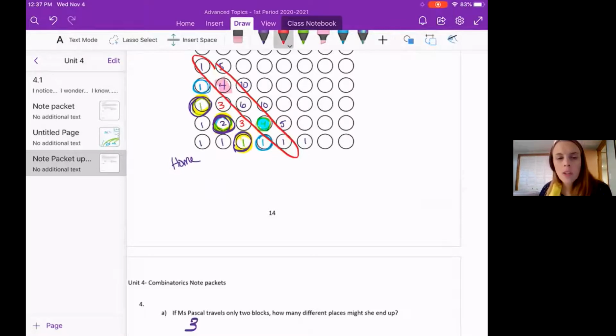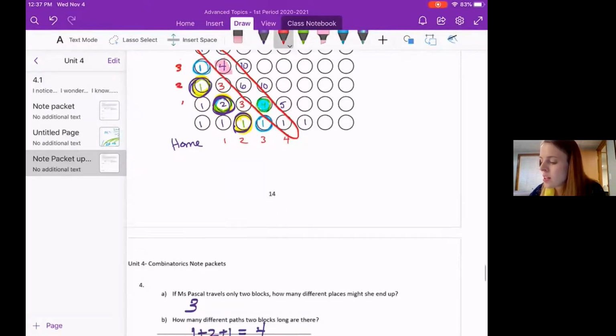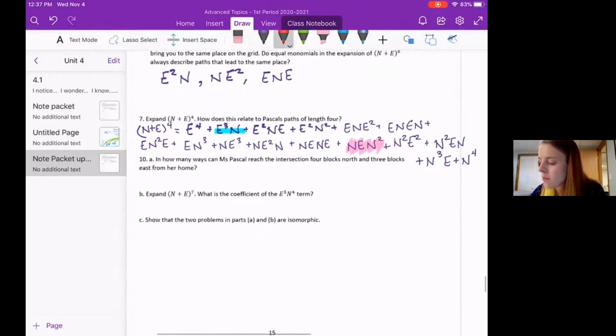If you highlight each of them, you would get each of those locations on that diagonal. And you'll notice that that is 1, 2, 3, oops. Mrs. B is counting wrong again. 1, 2, 3, 4 spots away from home. You might be starting to see the connection with Pascal's triangle.